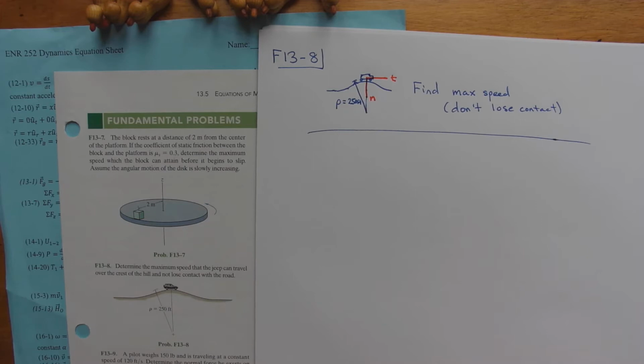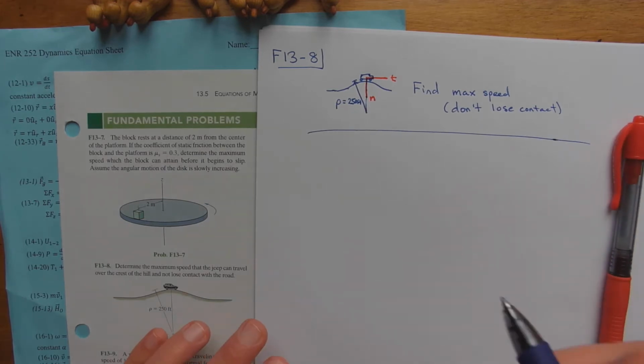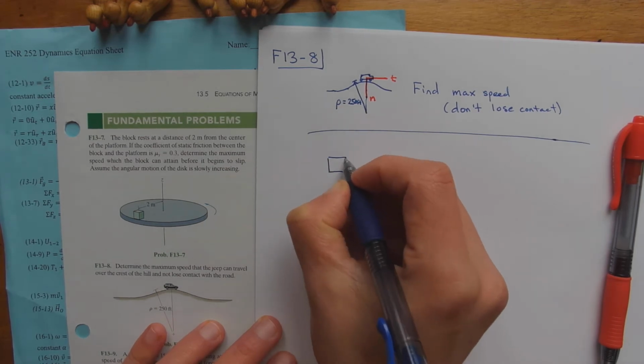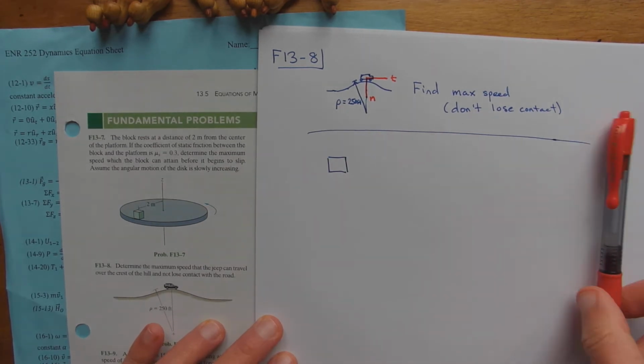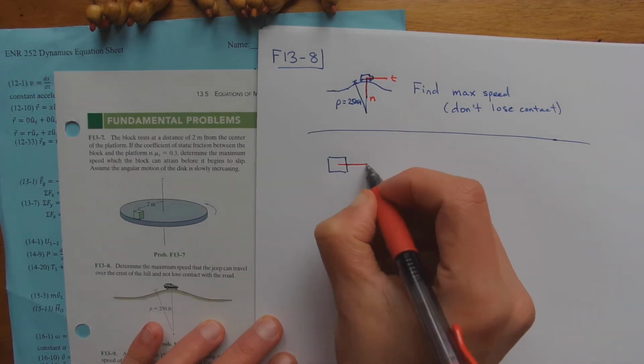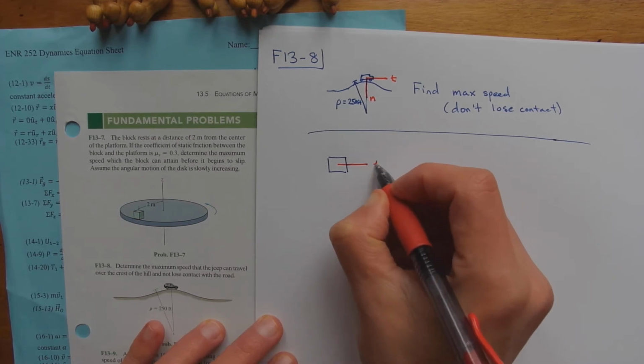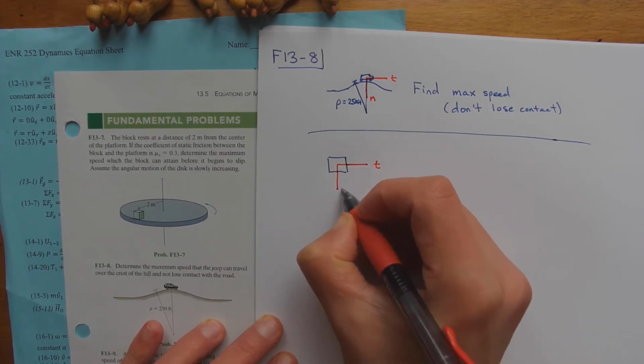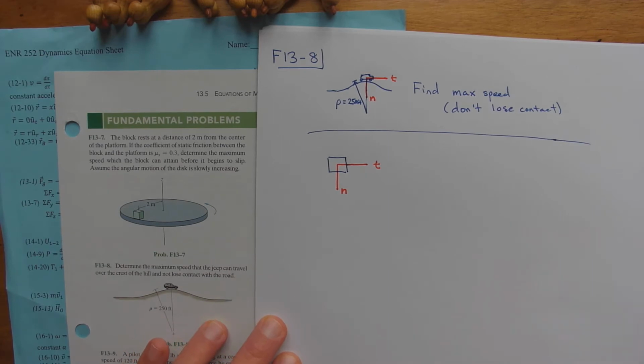After identifying the normal and tangential directions, I want to draw a free body diagram, and that's the Jeep. I should have just made it a dot, but the size and shape of the object, fortunately, don't matter. Okay, so I have my tangential direction and my normal direction.